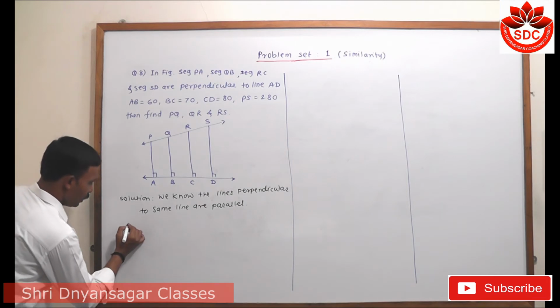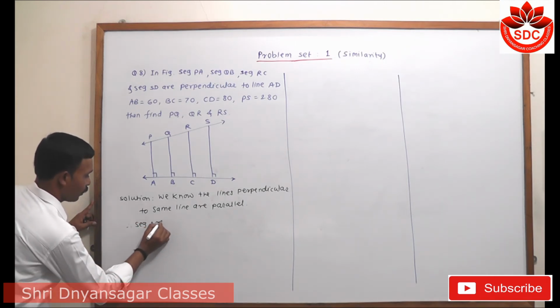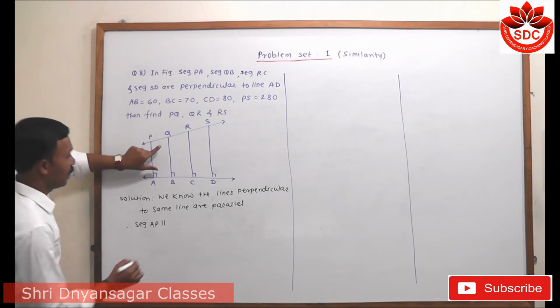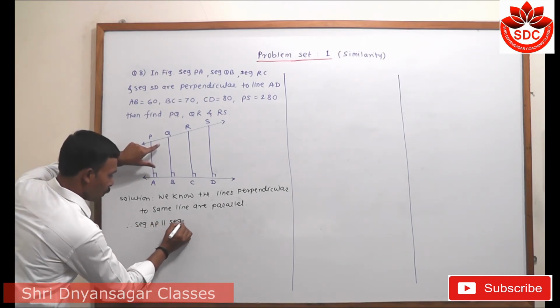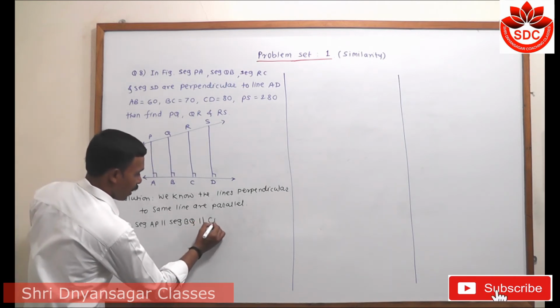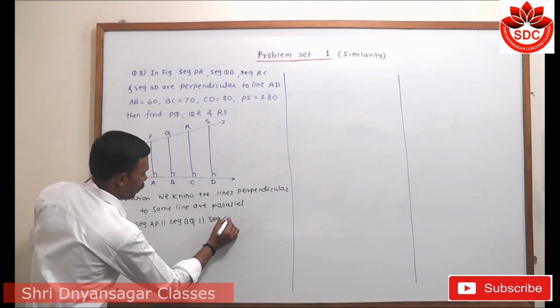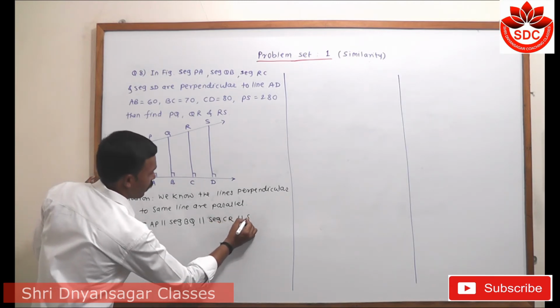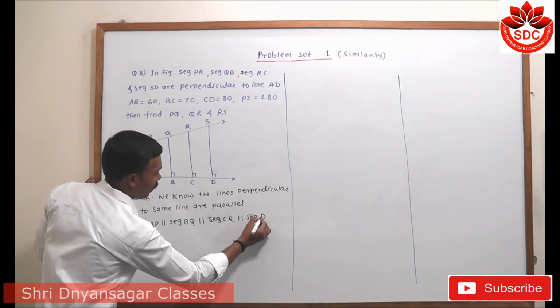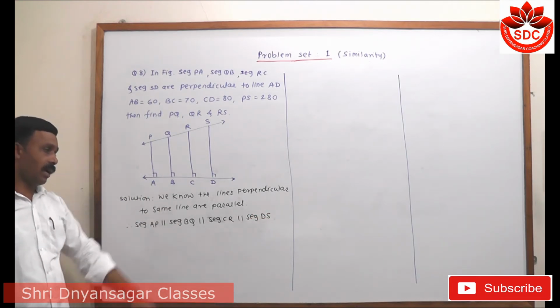Therefore segment AP is parallel with segment BQ, is parallel with segment CR, is parallel with the last segment, segment DS. Means that all these segments are parallel.